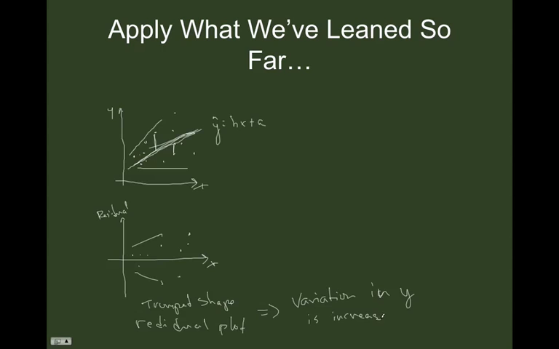So one of the assumptions with regression modeling is that, let me get this written down. So the trumpet-shaped residual plot tells us the variation in y is increasing as x increases.